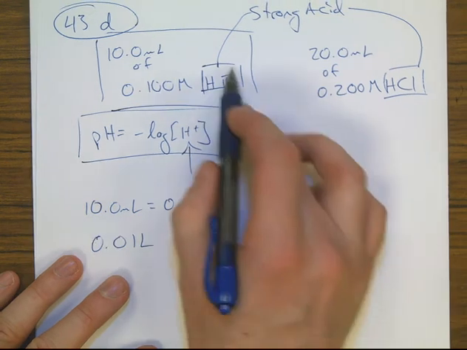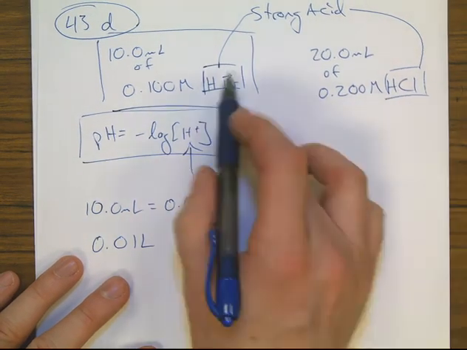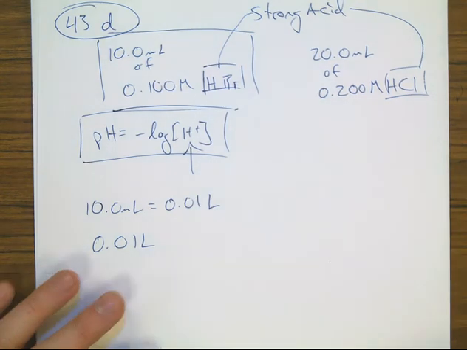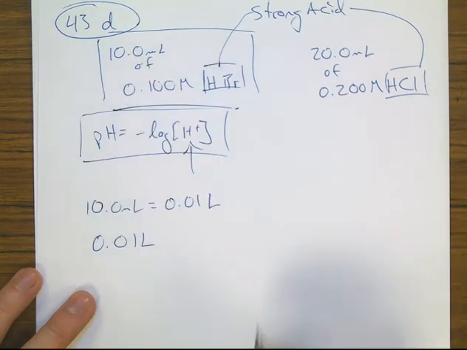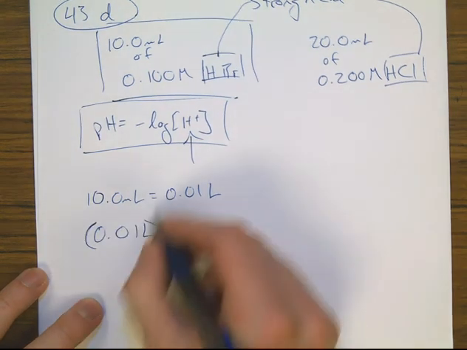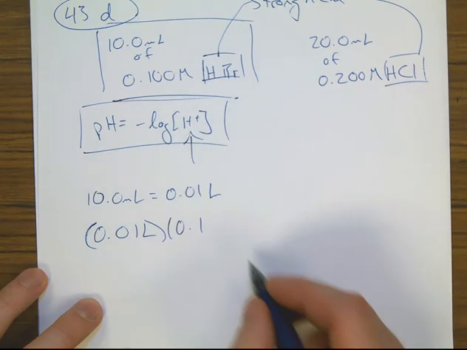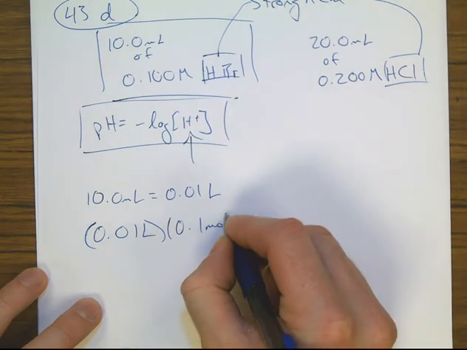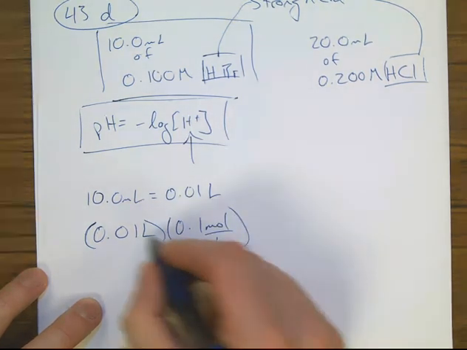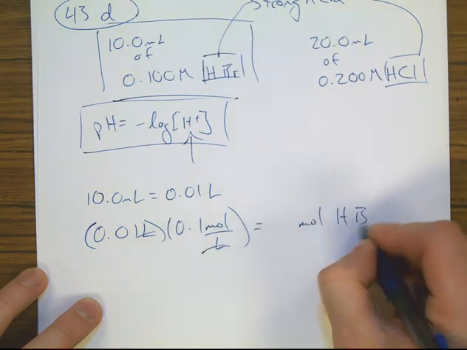So however many moles of each acid I have is the same number of moles of hydrogen ions that I begin with. So for this first solution, it's 0.01 liters. And then I know the concentration, which is 0.1. And don't forget that's molarity, which is the same as moles per liter. And that will tell me the amount of moles of HBr I have.